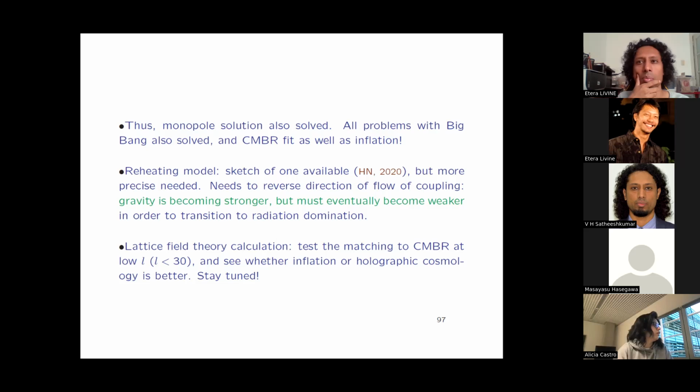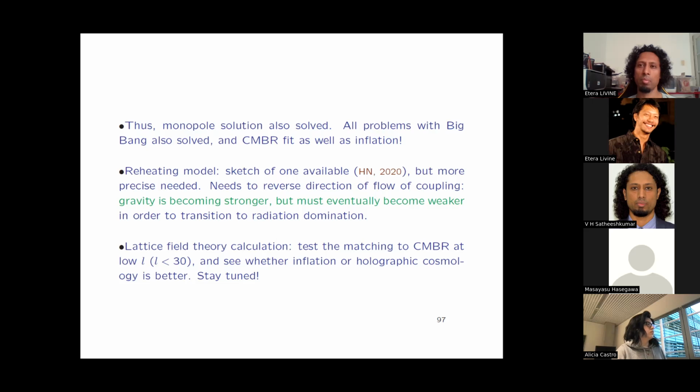Yes. The spectrum has been calculated, but I haven't shown it because this is in the future, and I just want to show the things that we know now. The other thing is, as I said, you have to think of holographic cosmology as an extension of inflation into the strongly coupled regime. That's really the way to think about it. That's unlike ekpyrotic or cyclic models, which are different paradigms.